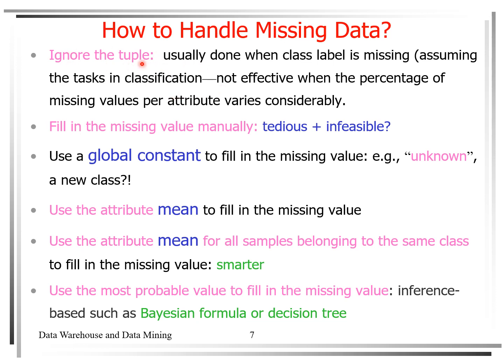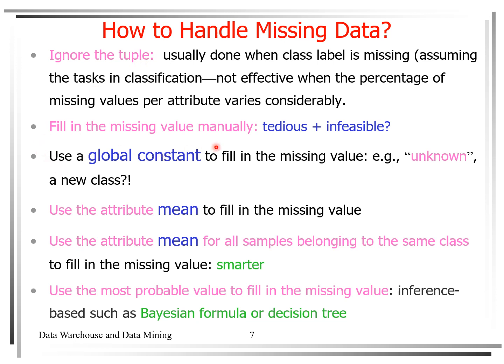There are problems with this approach, because if we have many missing data, it means that we will be ignoring many of the existing objects, and this is not helpful. We need as much data as possible in order to do the analysis.